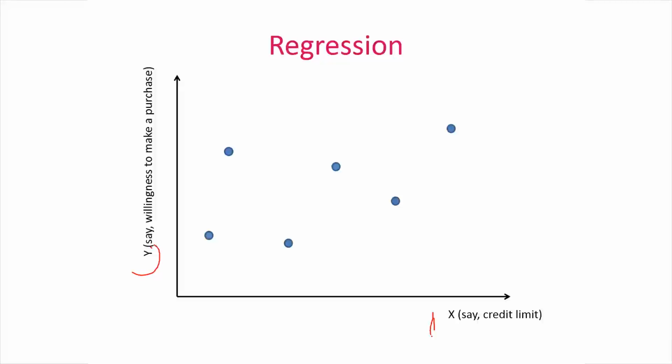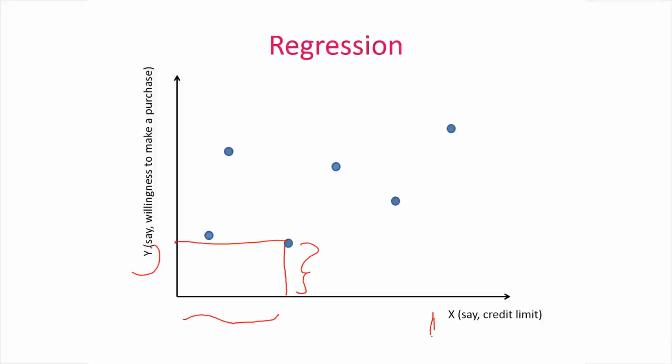And we've got data from each of these people on those two dimensions. So for example, for this individual, we know that this is their credit limit and this is their willingness to make a purchase. What does regression do when we have data from several such people?